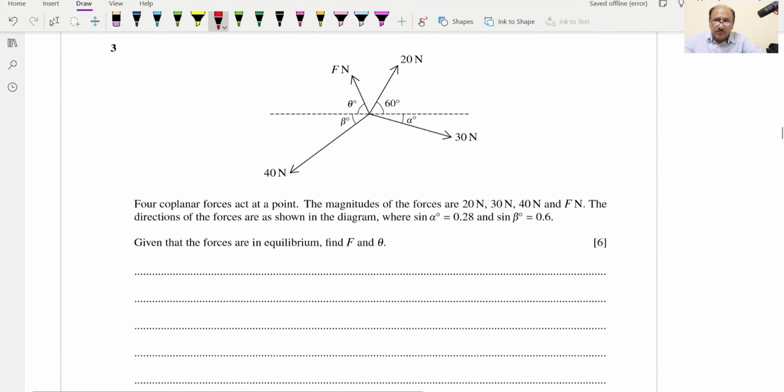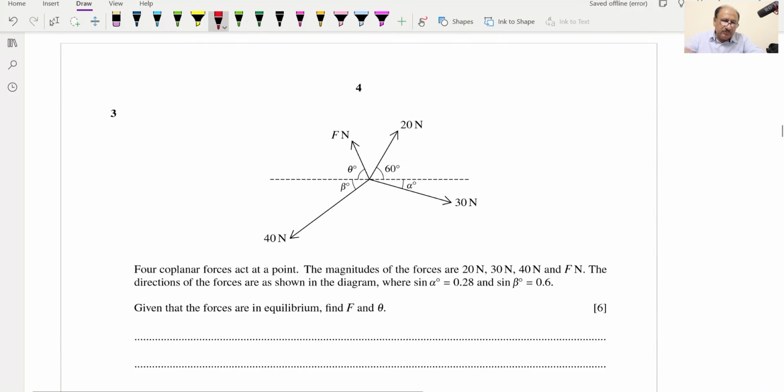Now we can move to question number 3. Question number 3 is interesting. Four coplanar forces act at a point. The magnitudes of the forces are 20, 30, 40 and F newtons. The directions of the forces are as shown in the diagram, where sine alpha is given.